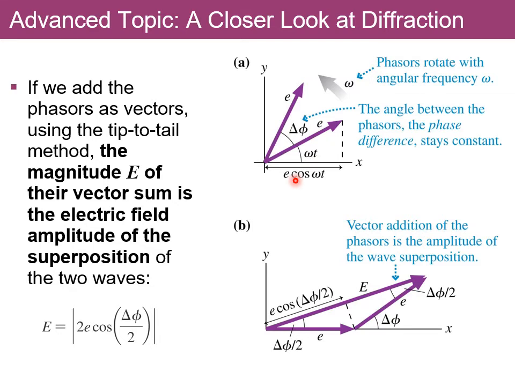If we add the phasors as vectors using the tip-to-tail method, the magnitude E of their vector sum is the electric field amplitude of the superposition of the two vectors. E equals the absolute value of the quantity 2E cosine of delta phi over 2.